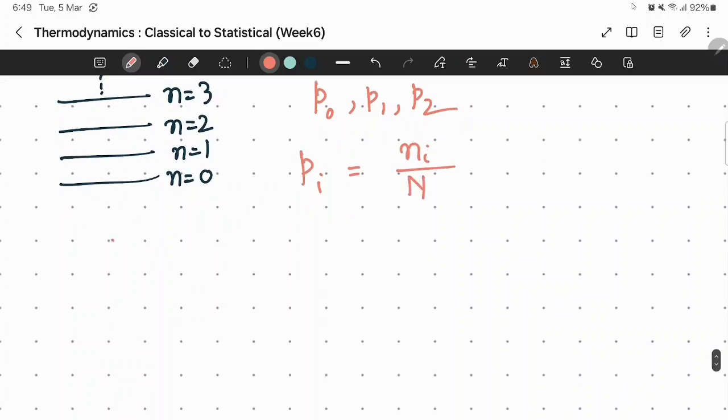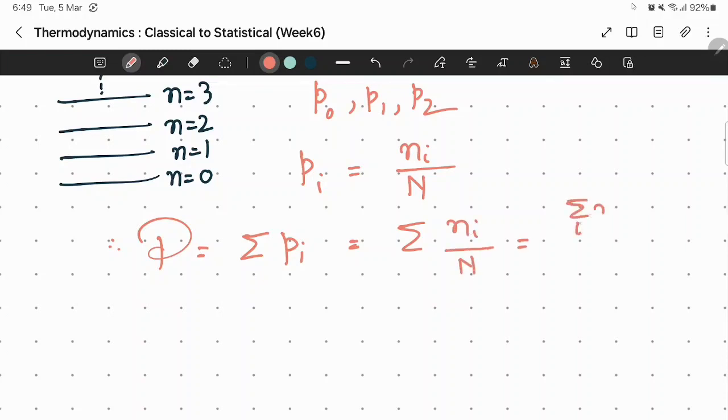So the total probability should be the sum over Pi, which is the sum over Ni divided by N, so it is N by N. It is 1. And we know the overall probability should be 1.